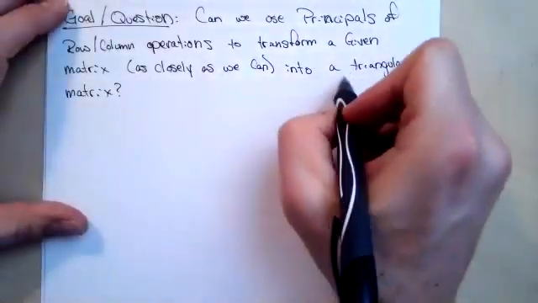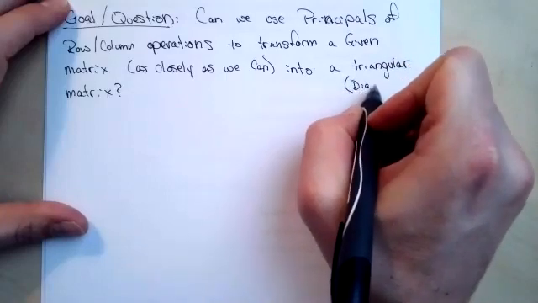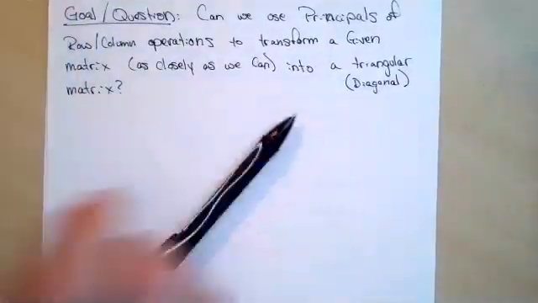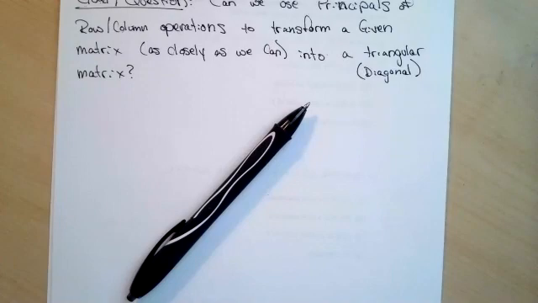And actually, what we're going to see is that this triangular matrix is going to be a diagonal matrix. It's going to turn out that we can almost always get a triangular matrix out of it, which is great. But ideally, in this process, we're going to be looking for a diagonal matrix.